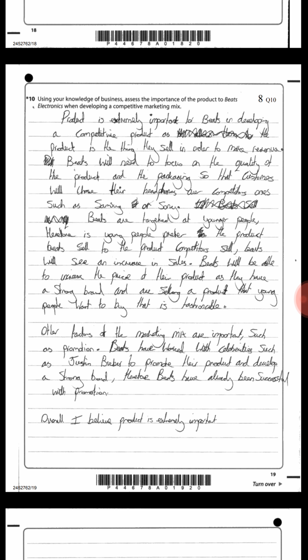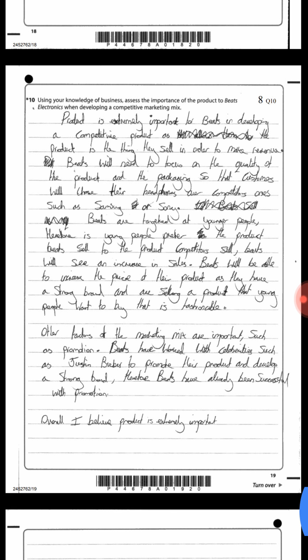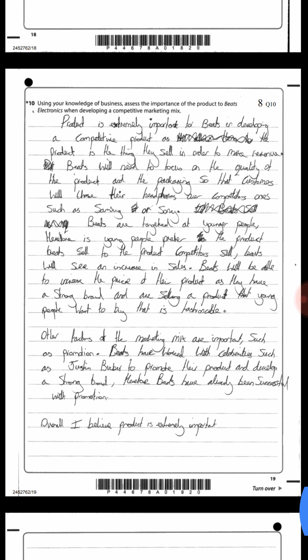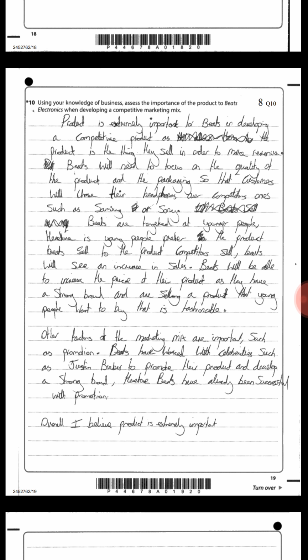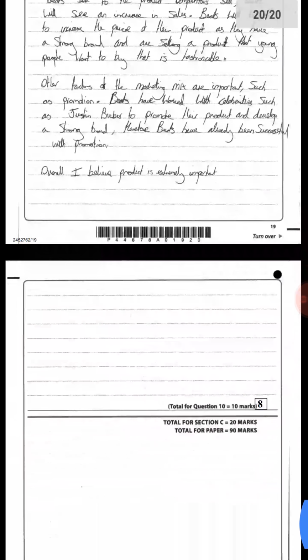So they could have made this a stronger argument if they actually perhaps given a stronger conclusion and said that although product is important, the other 3 P's are equally important, because ideally the marketing mix needs to be a balance of all of those 4 P's: product, place, price, promotion.